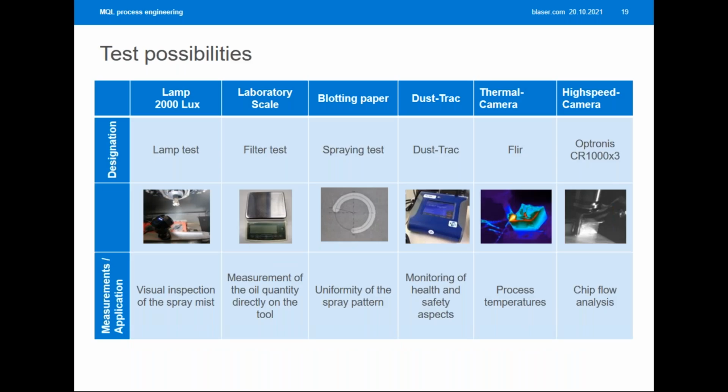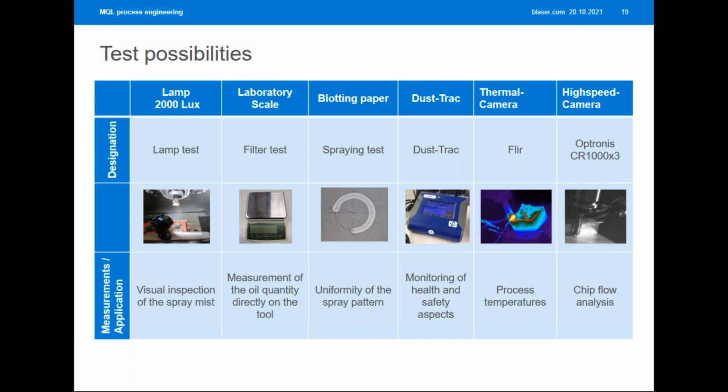And for us to be able to quantify an MQL process, we had to develop our own test possibilities in, let's say, the last 10 years. So with a lamp test, we were able to work out the test possibilities to really visualize the aerosol being produced, as you have seen in the introduction photo, where you see the aerosol.